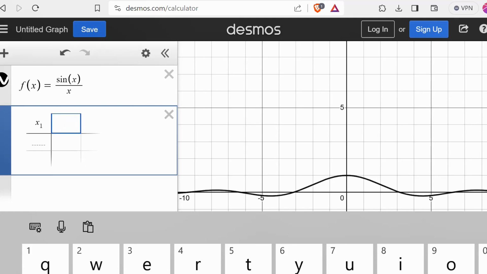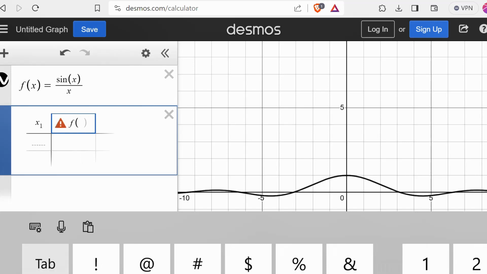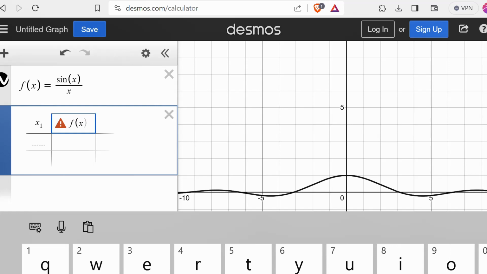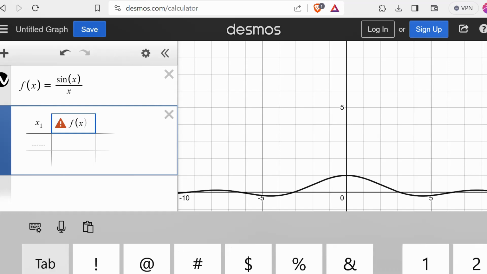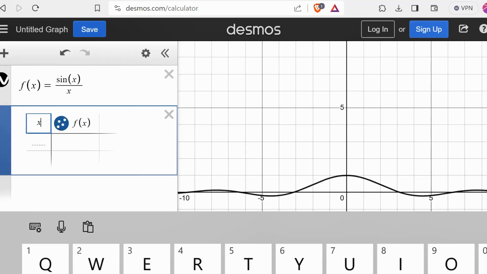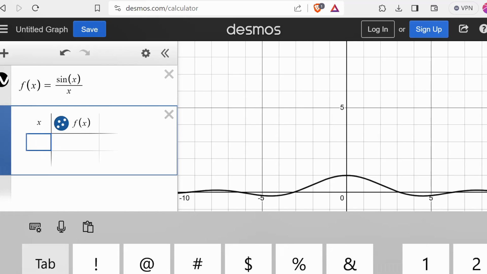Oh, I wonder why that's capital. F of x. Okay. And this will just be x here. Okay. And so, for example, if we put in the number minus 1, we'll get our f of x that way. And actually, you can see it in the graph here, right?